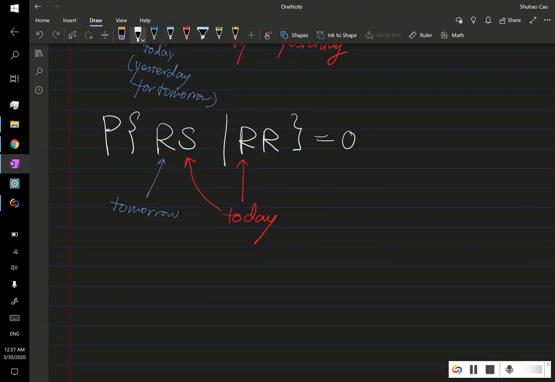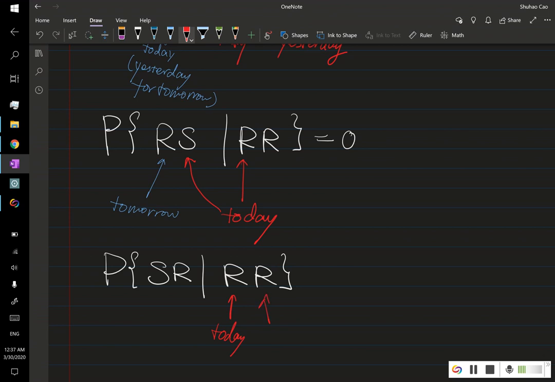And next, it is raining today, and it rained yesterday. Today is yesterday for tomorrow, and this is tomorrow.